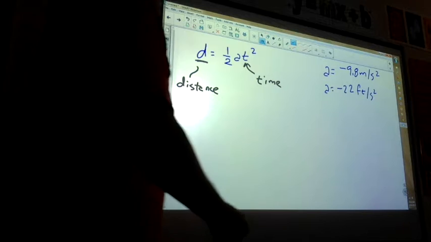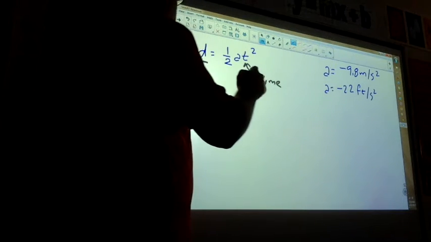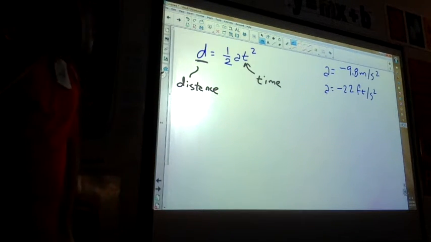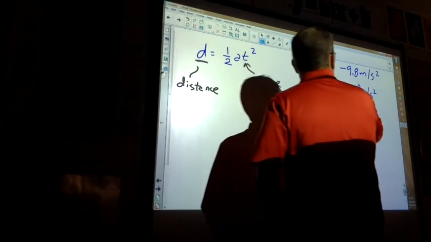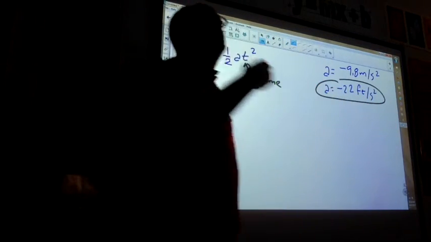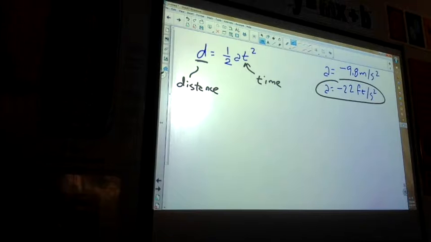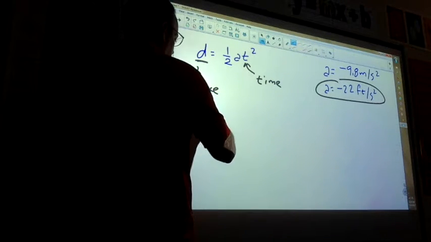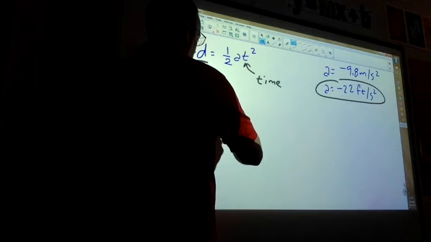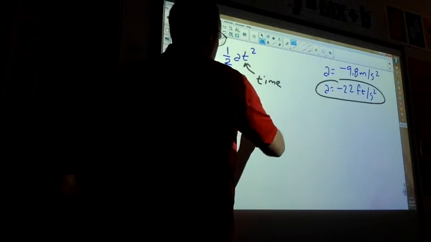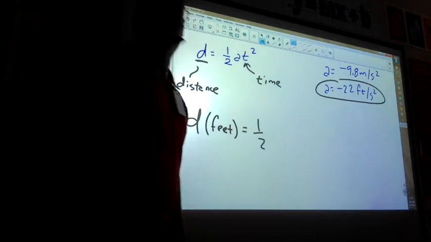Okay? So, I want to show you why this works. Distance, if we use this right here, our distance will be in what units? Feet. Does everyone agree? So why does this type of problem work? Well, distance, we're going to say that this answer should be in feet, is equal to 1/2. 1/2 is called a constant.